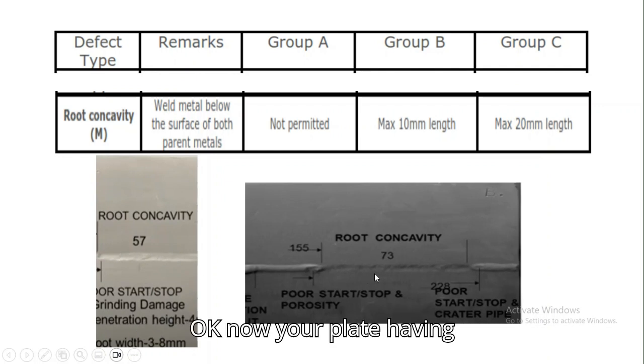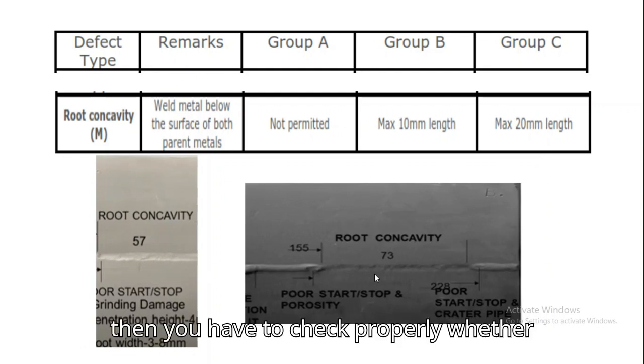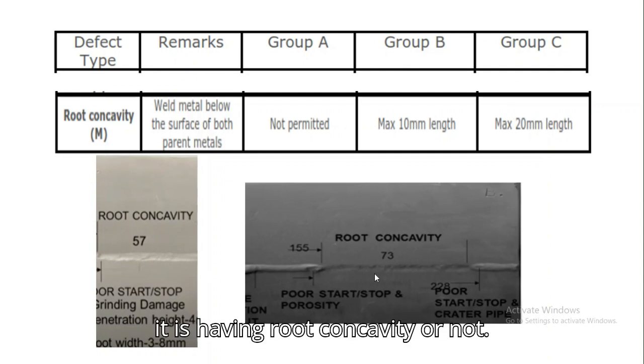Okay, now if your plate has misalignment, then you have to check properly whether it has root concavity or not. Sometimes they will confuse you. You should be more careful, and you should notice that the weld metal should be below the surface of the two parent metals. You should be more careful when you have a misalignment plate.